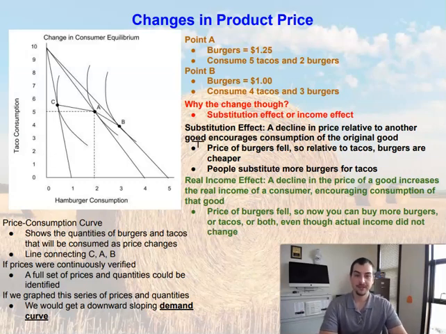So, now that we've got the substitution effect and the real income effect down, and why a price change is going to cause different amounts of consumption, just think about the way it would be in your own personal life. What if you were consuming coffee and tea? I used that in one of our last examples. The price of coffee goes up.